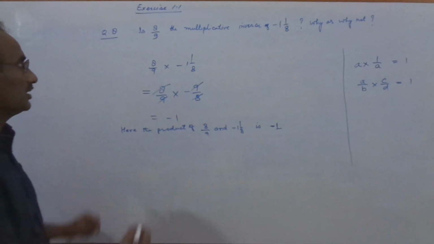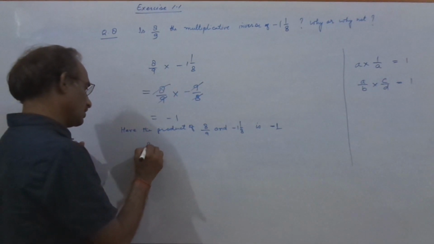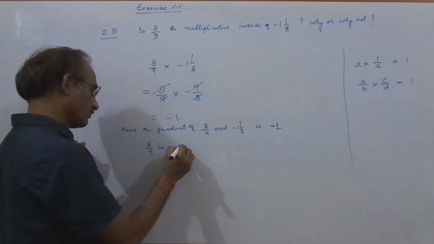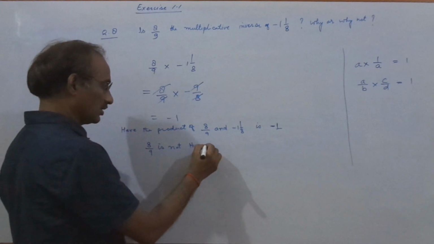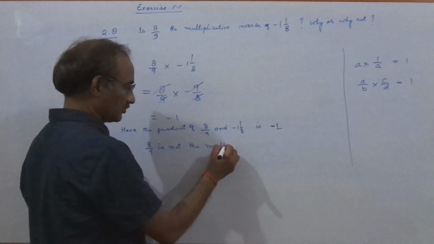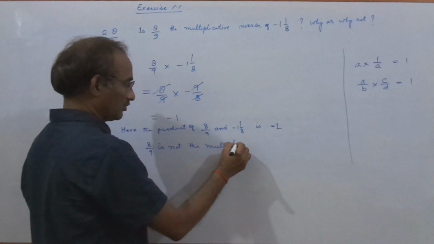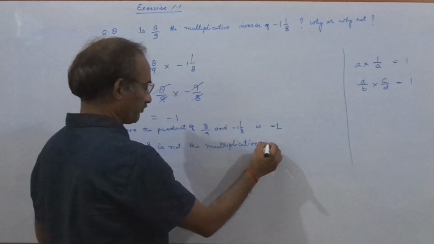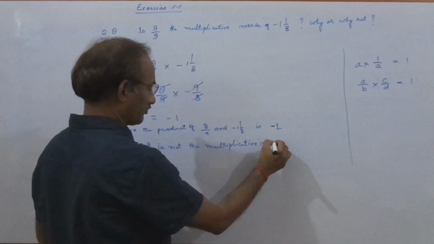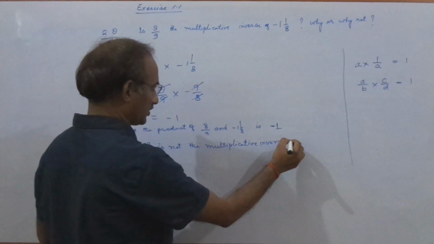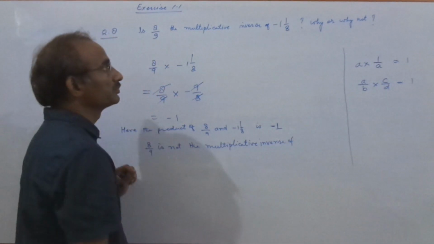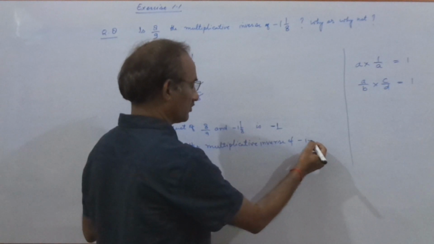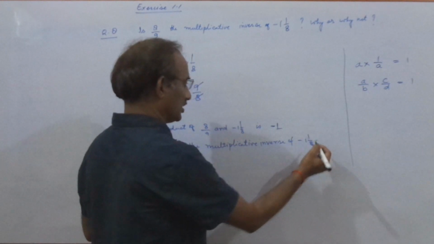So we can say that 8 upon 9 is not the multiplicative inverse of minus 1 whole 1 upon 8.